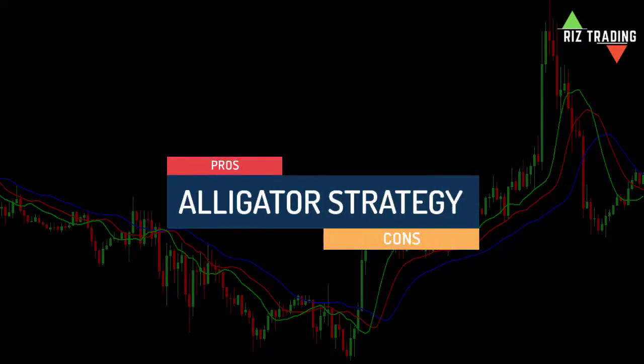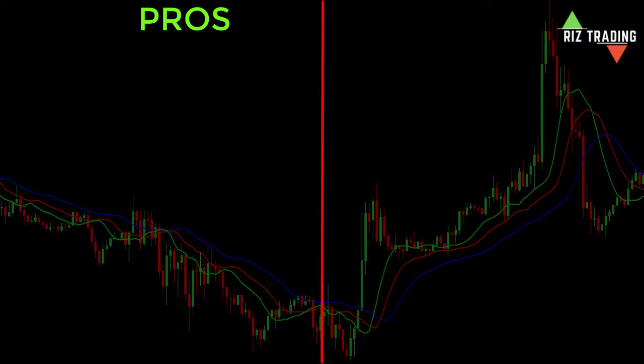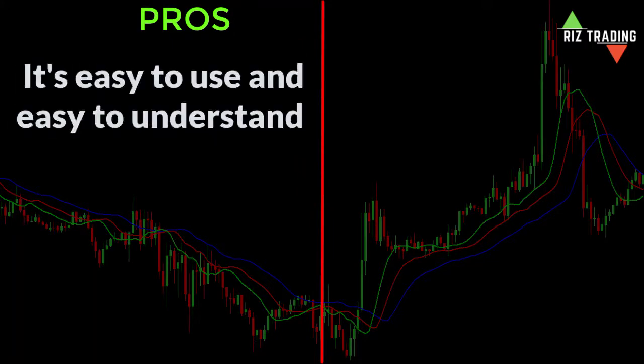Now let's talk about the pros and cons of this strategy. And let's start with the pros. Number one, it is easy to use and easy to understand because we are using a limited number of indicators and you don't have to look for so many different values before entering the market.